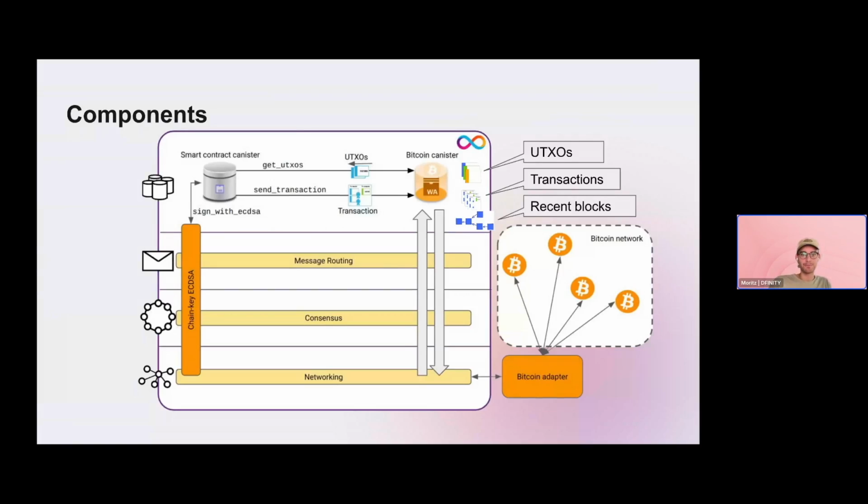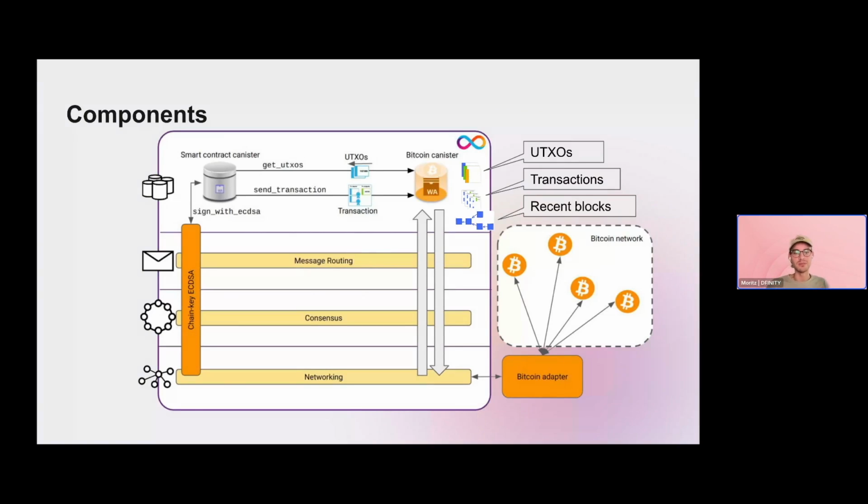The methods that this Bitcoin canister offers are made accessible to canisters, to developers, through the management canister, which is basically a facade. It doesn't really exist, it's not really a canister, but it makes developing against those methods easier, because for the developer it seems like they're just calling a canister.